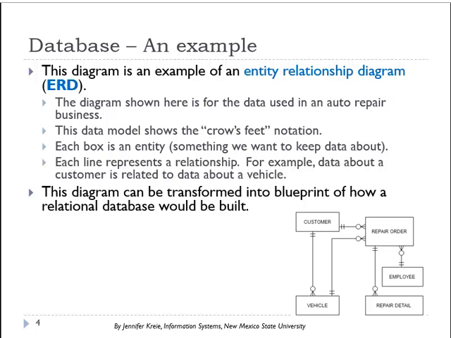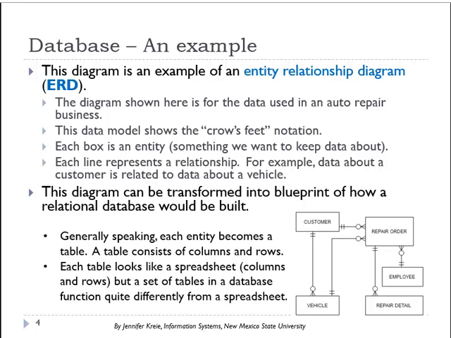What you see here would be considered a logical model, a fairly abstract model. And you can take that though and add more detail, and you will actually have the blueprint for how to build the relational database. Generally speaking, entities become tables in the database, and in that table you have columns and rows.